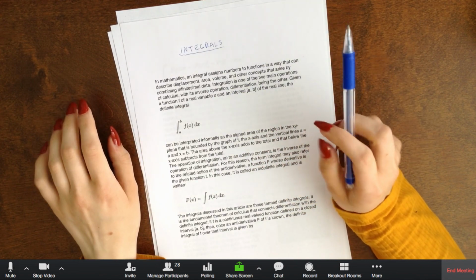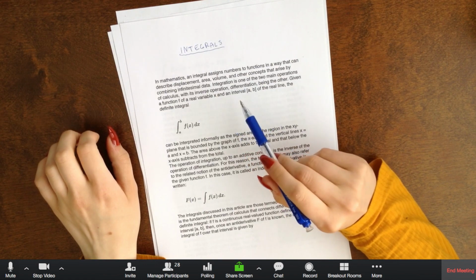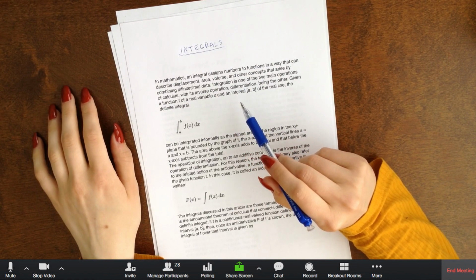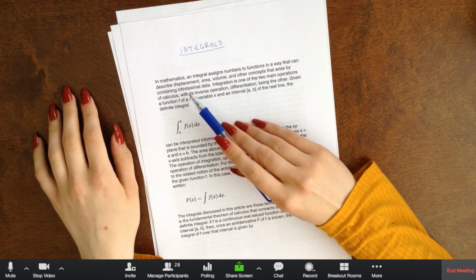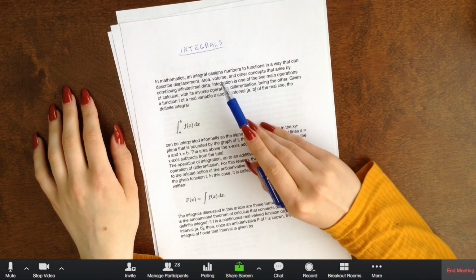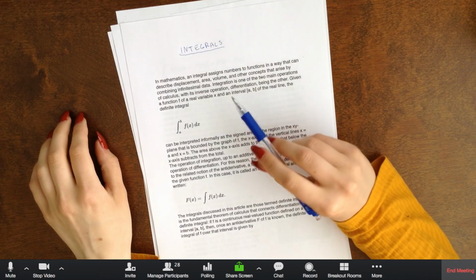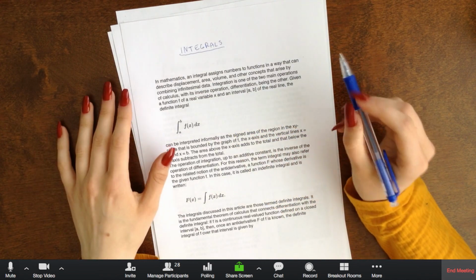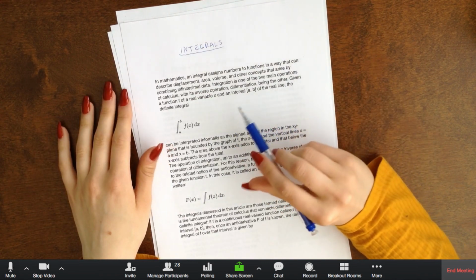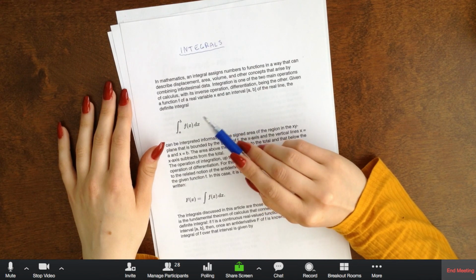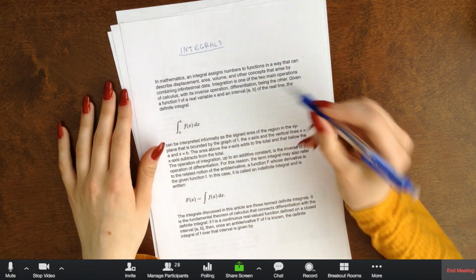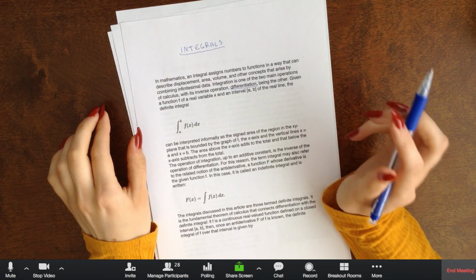In mathematics, an integral assigns numbers to functions in a way that can describe displacement, area, volume, and other concepts that arise by combining infinitesimal data. Integration is one of the two main operations of calculus, with its inverse operation, differentiation, being the other.